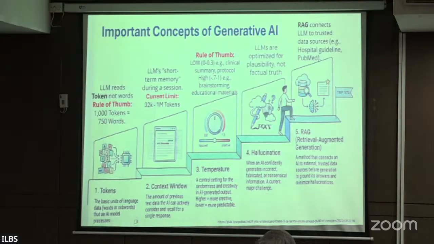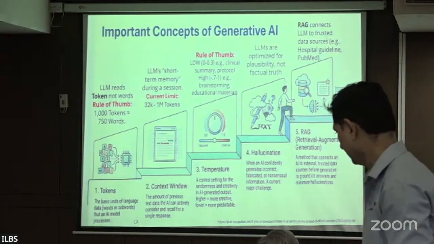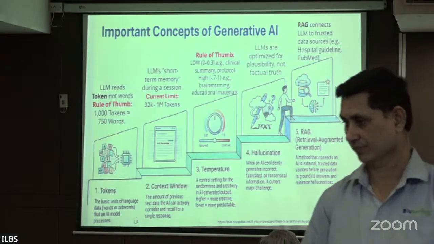And LLMs are optimized for plausibility, not factual truth. This is based on possibility. It is not giving you the truth. So that is very important. So it can hallucinate. And the RAG concept is to build some trust.